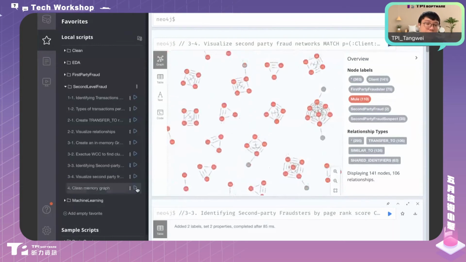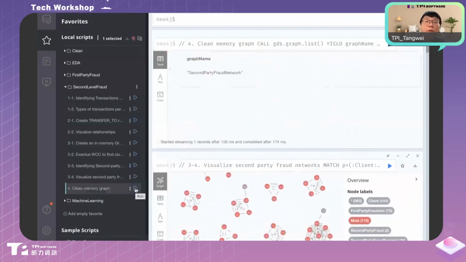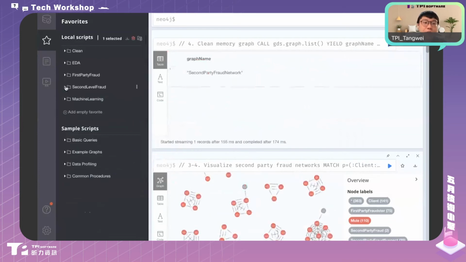Okay, so let me clean the memory graph, and then perform our final step, to use machine learning technology to identify the fraudsters.